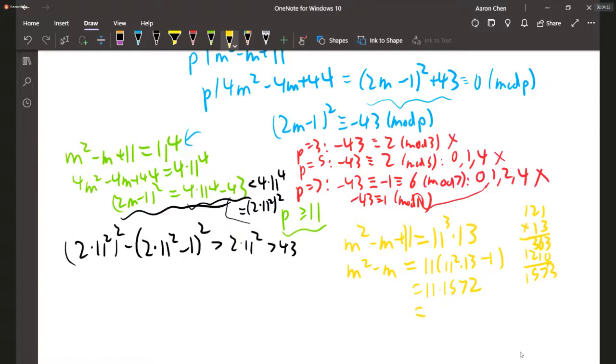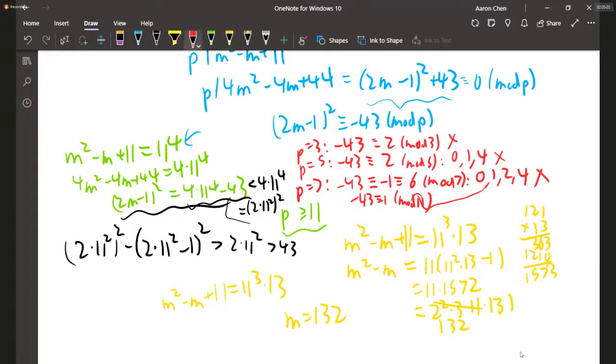When you factor it, you get that this is 2 squared times 3 times 11 times 131, and we can recognize this as 132. And so if we let m equal 132, then m squared minus m plus 11 is equal to 11 cubed times 13.